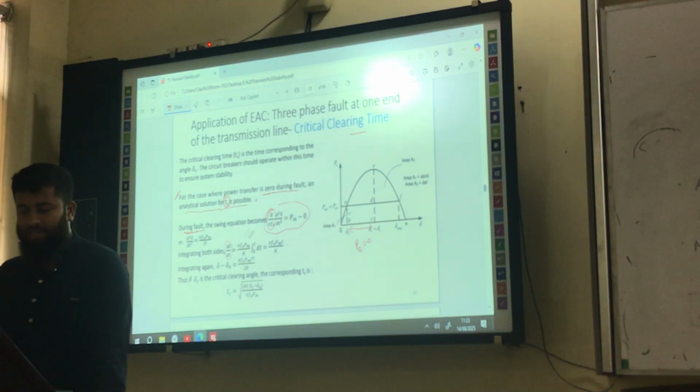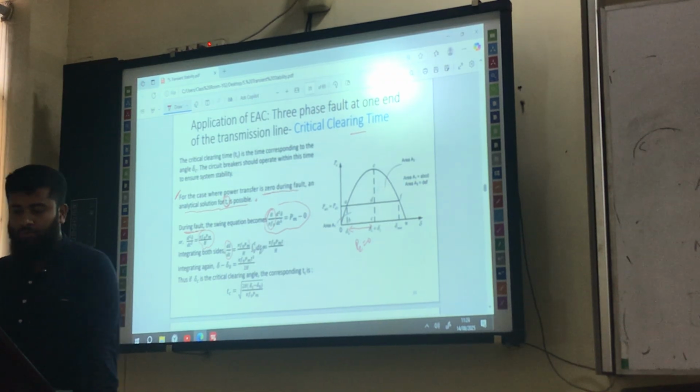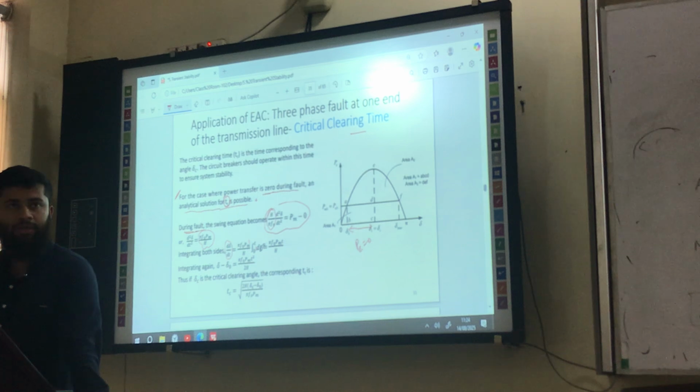And on this side, all the things are constant. Pm is constant, f naught, pi, H, all are constant, right? So how will you integrate? You have to integrate it in terms of 1. You can multiply this thing with 1, then 1 will be integrated in terms of dt.